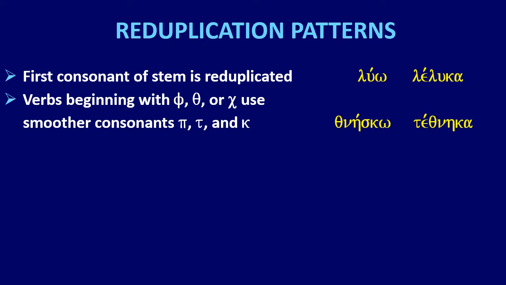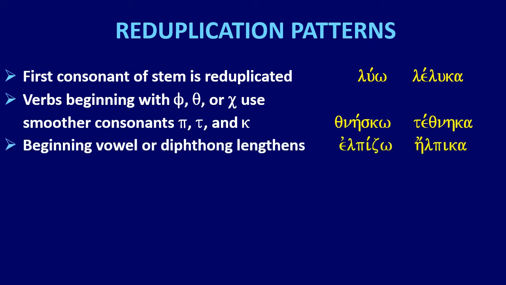But sometimes you have a verb that begins with a vowel, like here we have elpidzo, I hope, and it's changed in the perfect tense form into elpika, and you can see that there's been a lengthening of that vowel. Or if a verb begins with a diphthong, you have the same situation. It will entail a lengthening.